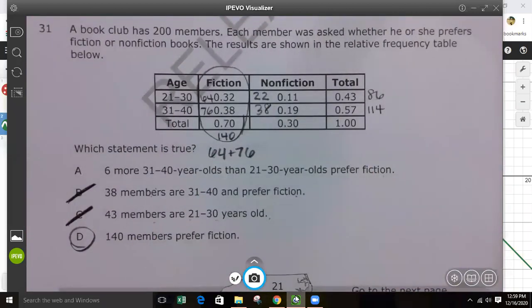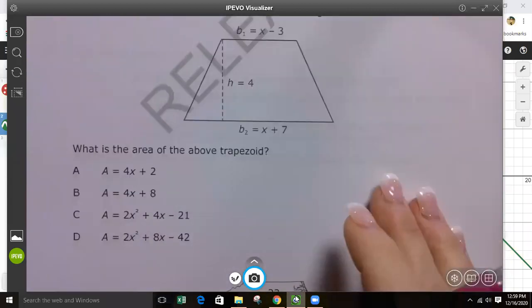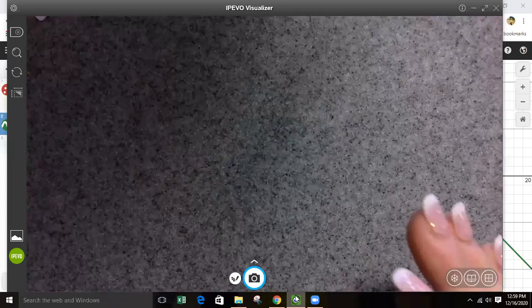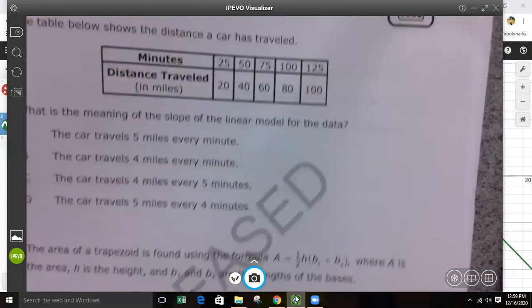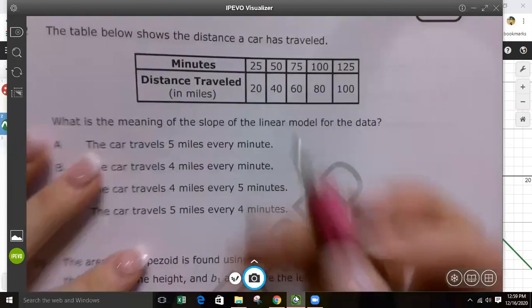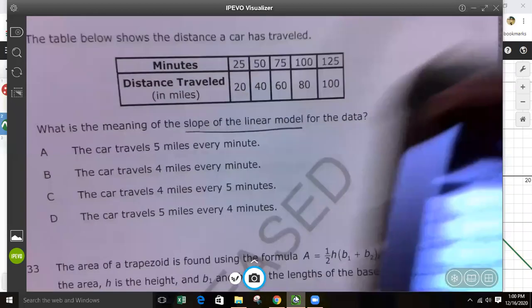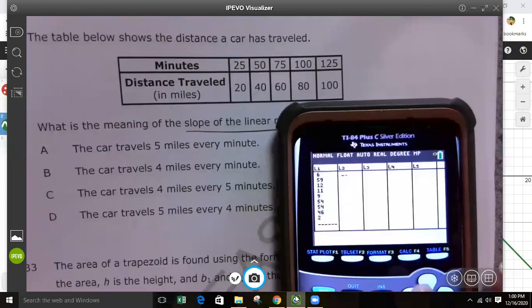Okay. Moving on. It says the table below shows the distance a car has traveled. So anytime we have a table and it asks for the slope of the linear model, we're doing stat. And we're going to clear this out. 25, 50, 75, 100, 125, 20, 40, 60, 80, 100.